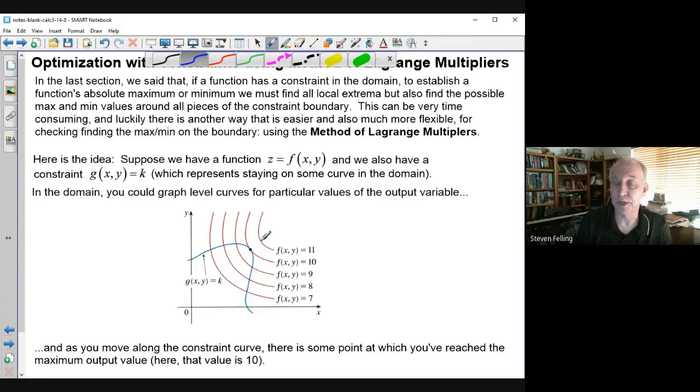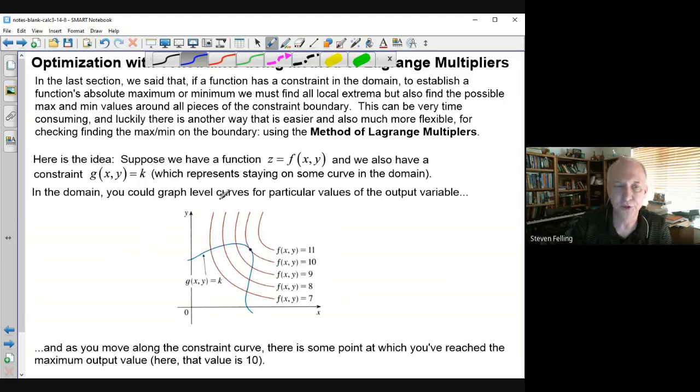But if I knew that I could only allow xy pairs on this curve, like we'll define a constraint curve like this, then as I move along that curve, here I've got maybe 6 and then 7 and then 8 and then 9 and then 10 as the output value, and then it starts to decrease again, so that this max value occurs right here at this particular xy where the output value is 10, right? But there is a particular point here which is going to reach as high as it can.